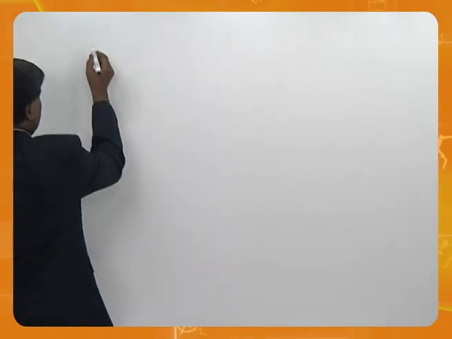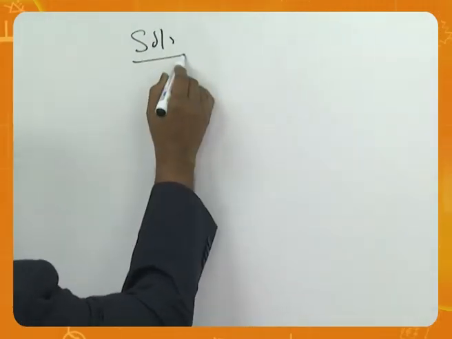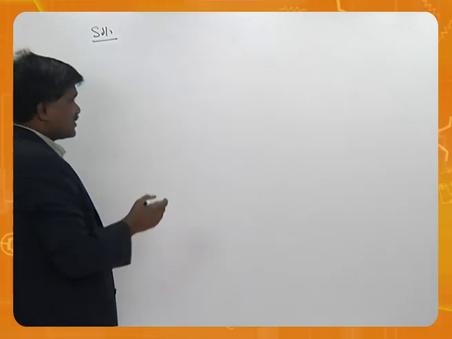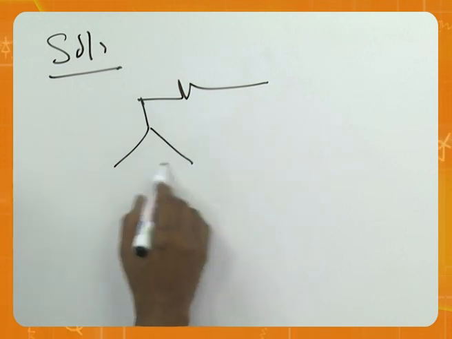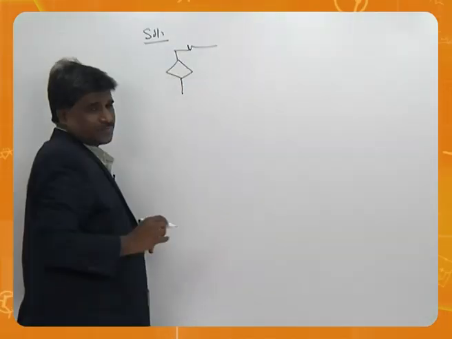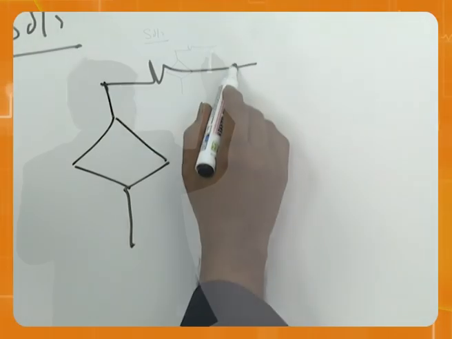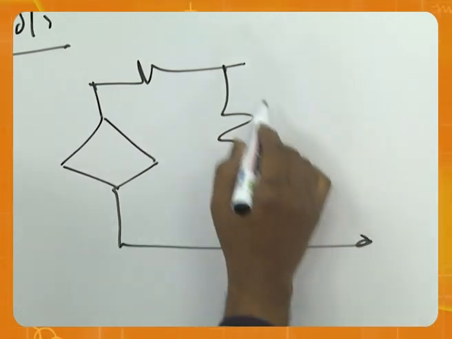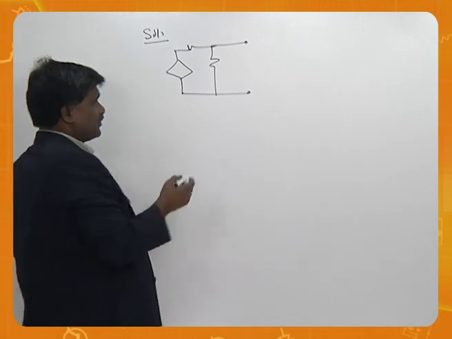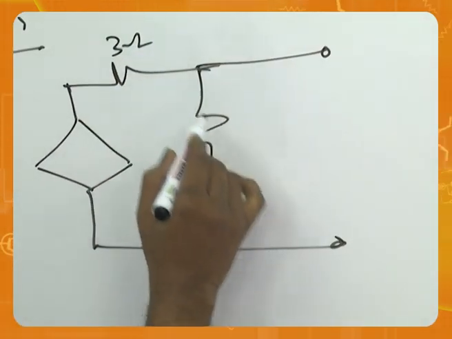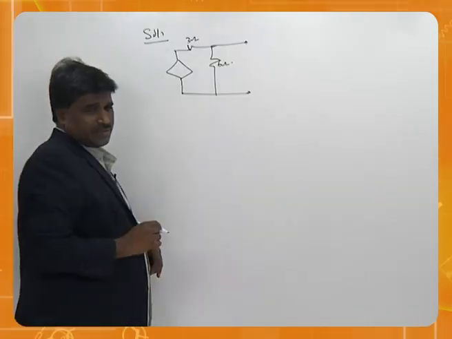The solution for this problem is, the question is given like this. This is a resistor, this is a dependent source, and you have a resistor here. This is 3 ohms here, 6 ohms here.